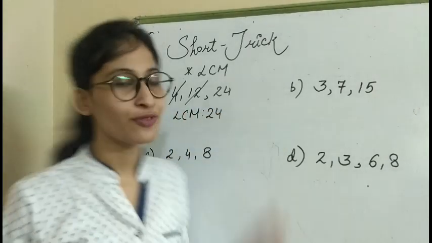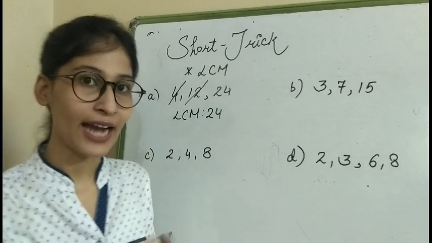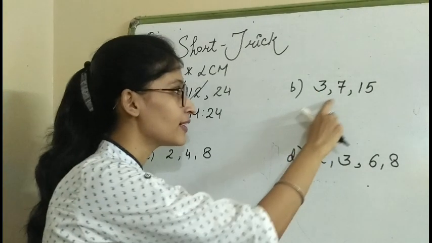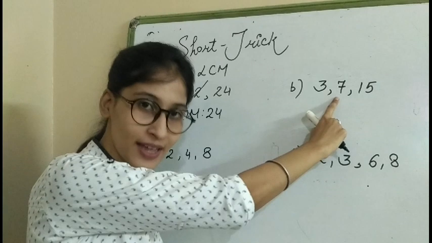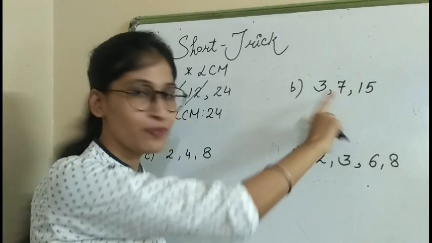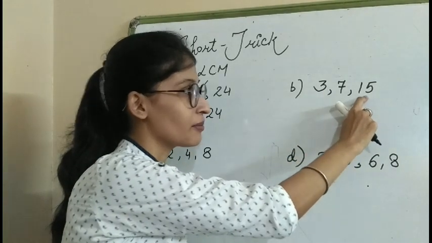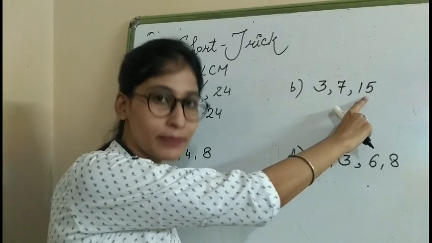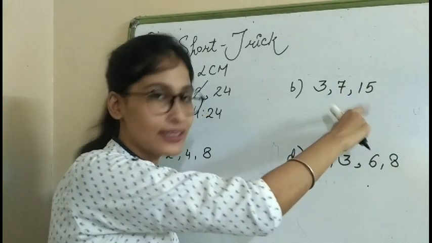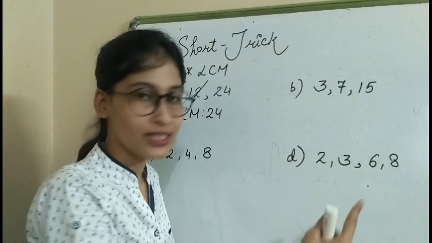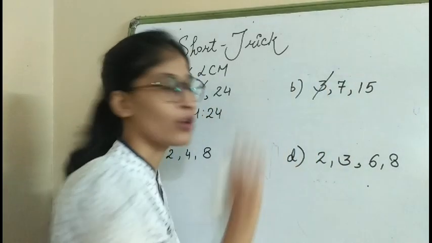Next, I have to find LCM of 3, 7 and 15. Next number written to 3 is 7. Is 7 a multiple of 3? No. Now look at the next number. 15 is a multiple of 3. When the greater multiple is present, we are going to cancel out the smaller one.